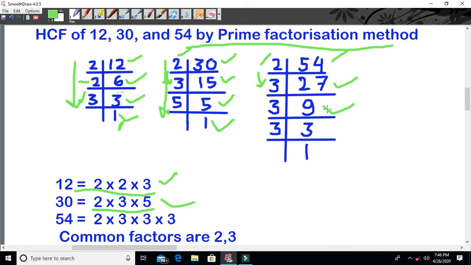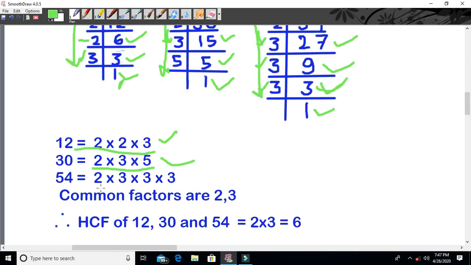Now 9 divided by 3, how many times? 3 times. And 3 divided by 3, how many times? 1 time. So you got the 1, then stop the division. Then you write the prime factorization of 54: 2 multiplied by 3 multiplied by 3 multiplied by 3. So in this way you have to write the prime factorization of the numbers 12, 30 and 54.